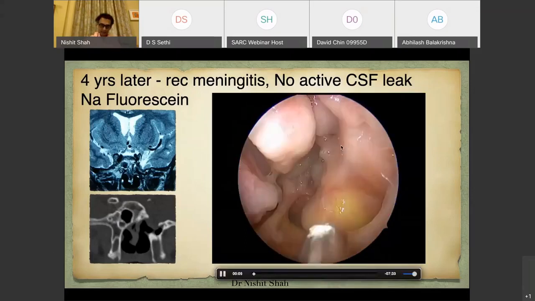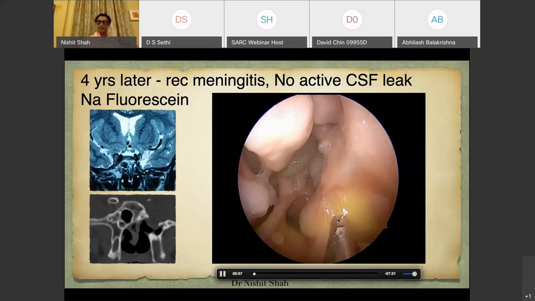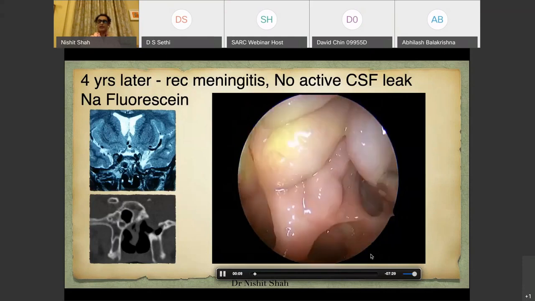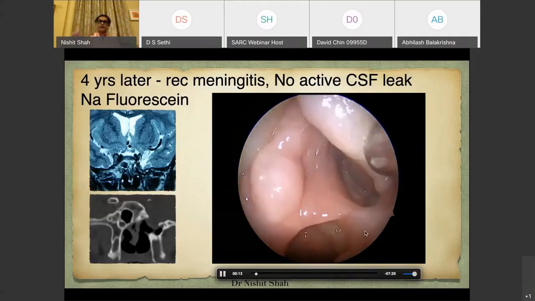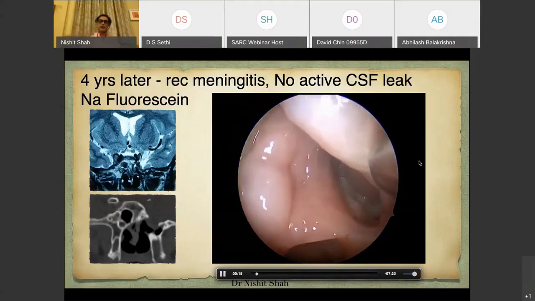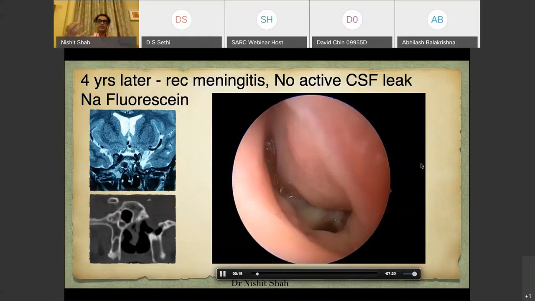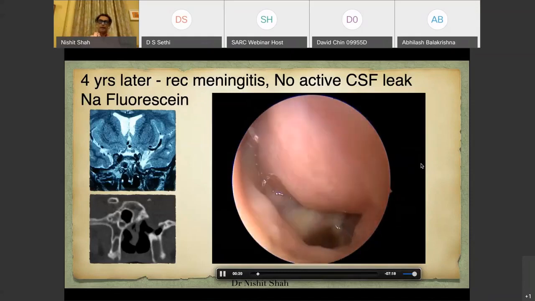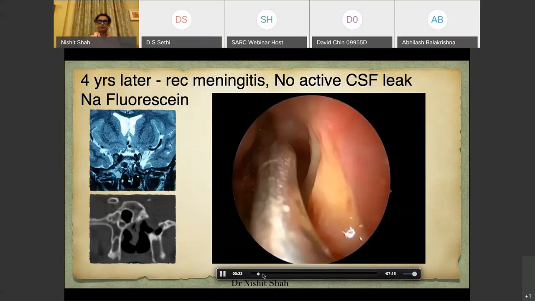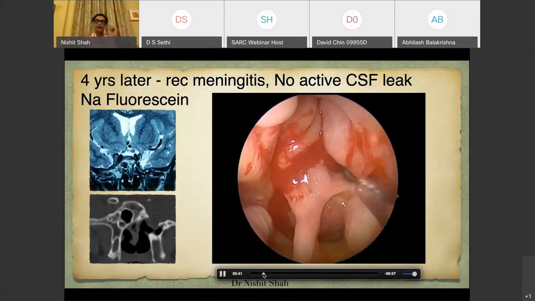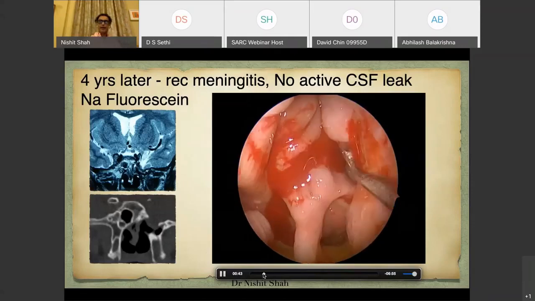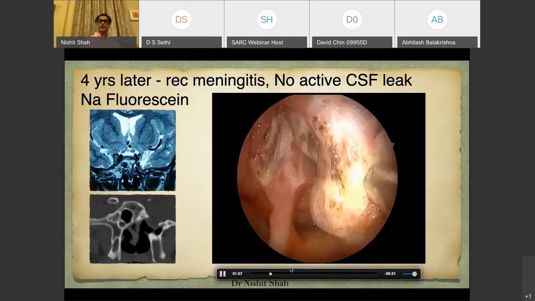Having kept him head down 45 minutes, we then saw there was some staining of fluorescein, but it still didn't give us an exact site. You see, we're still not seeing any actual CSF that we can spot. So we had to work from the periphery towards the center, which we expected was the original site of defect, and explore all the mucosa, all the area around it.